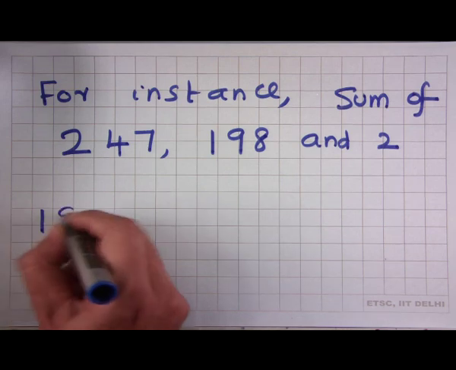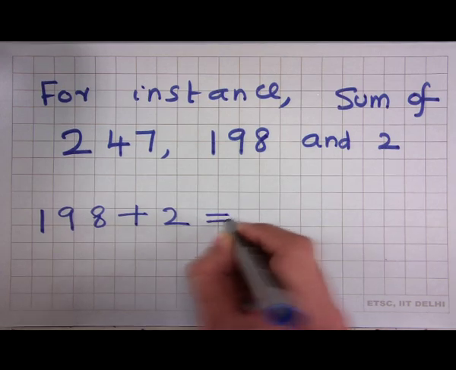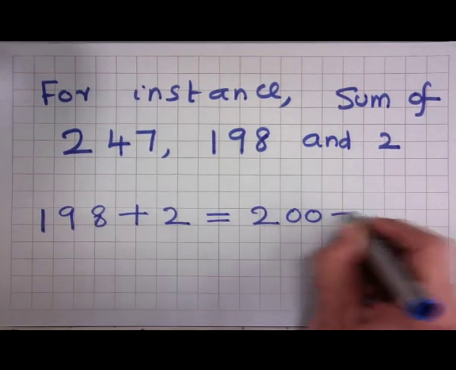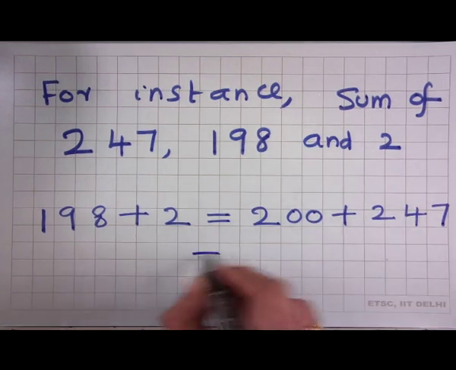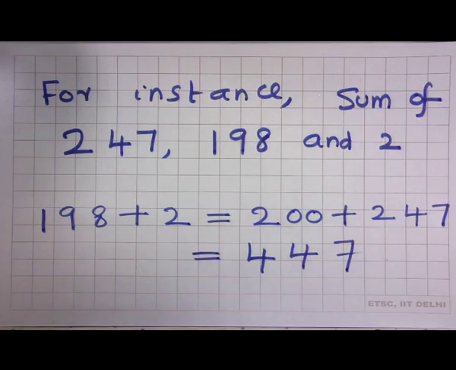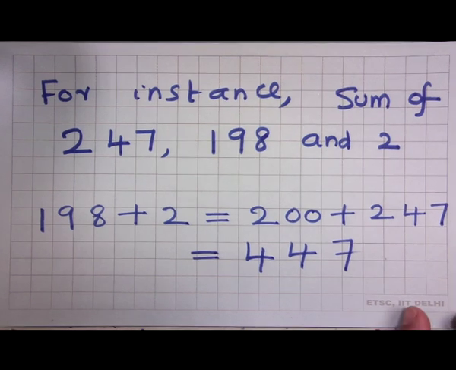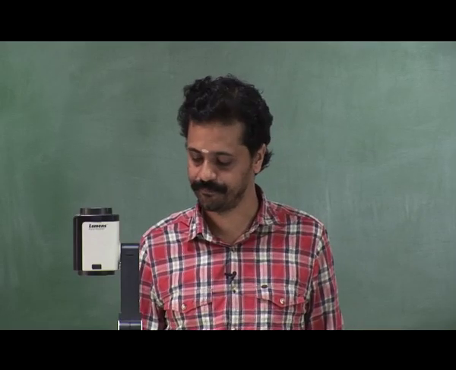However, 198 plus 2 equal to 200, which added to 247 to yield 447, gives the most convenient order. So, we can always resort to such shortcuts to find the sum of a finite number of real numbers.